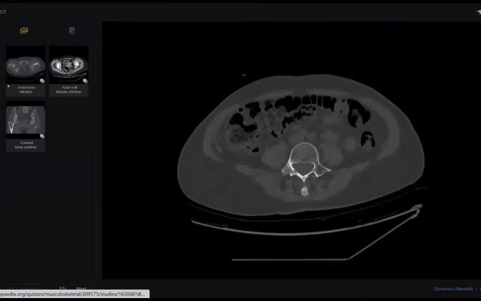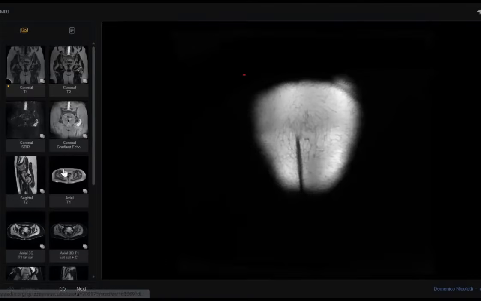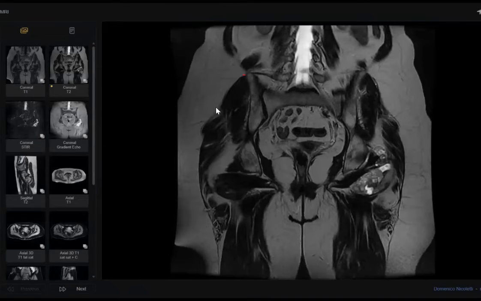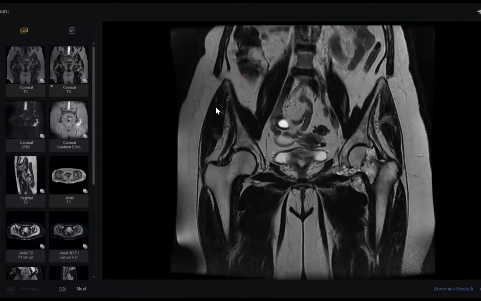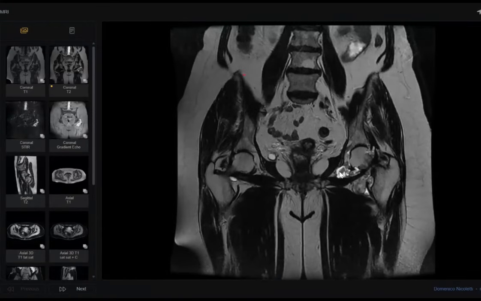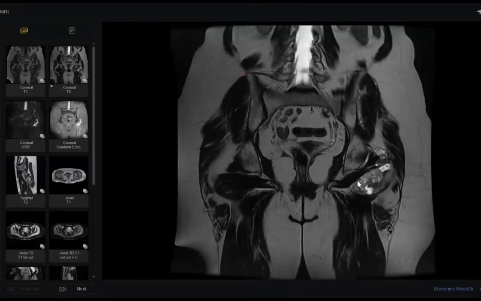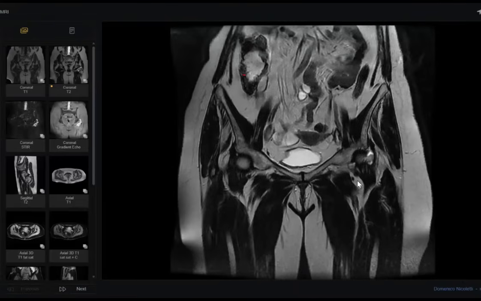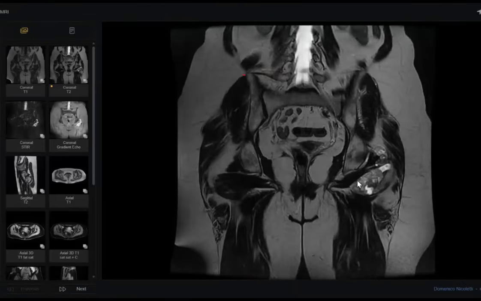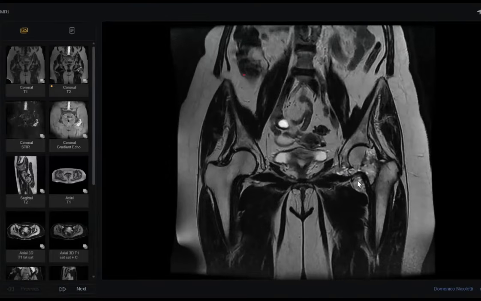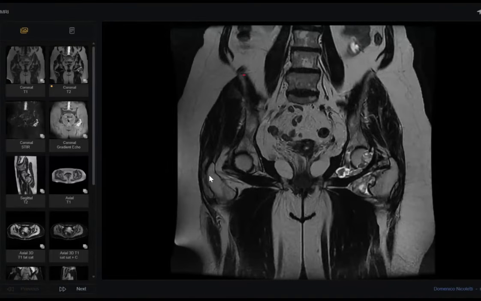Second, MRI here. Look at the MRI T2: innumerable loose bodies. So it is osteochondromatosis, synovial osteochondromatosis.